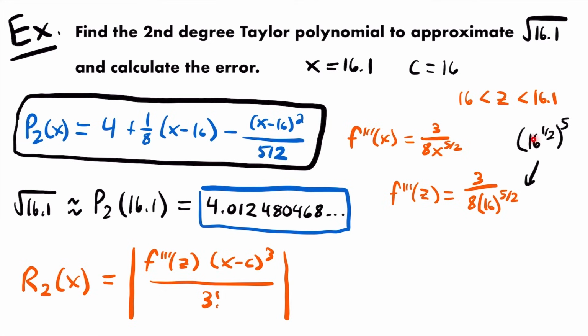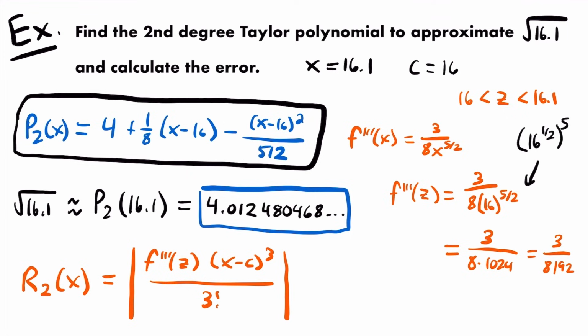So you have 4 to the power of 5, and 4 to the 5th power is 1024. So this is equal to 3 divided by 8 times 1024, and 8 times 1024 is 8,192. So this is equal to 3 divided by 8,192.